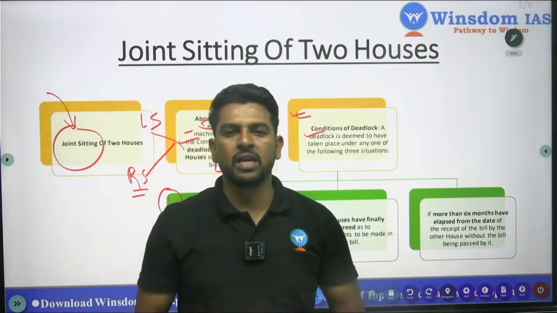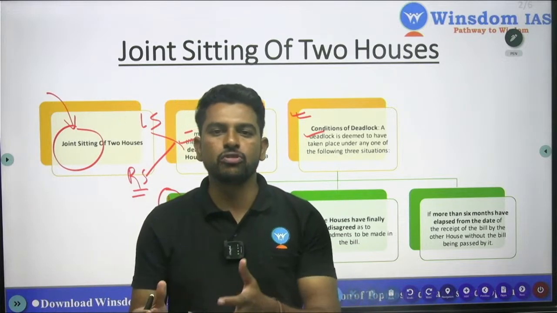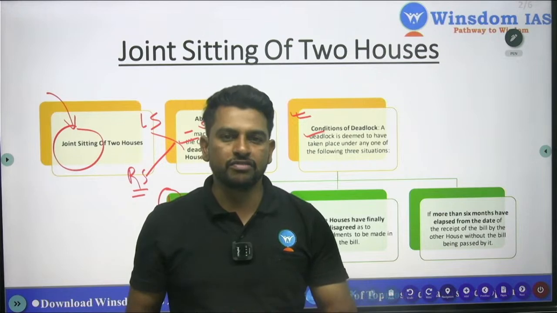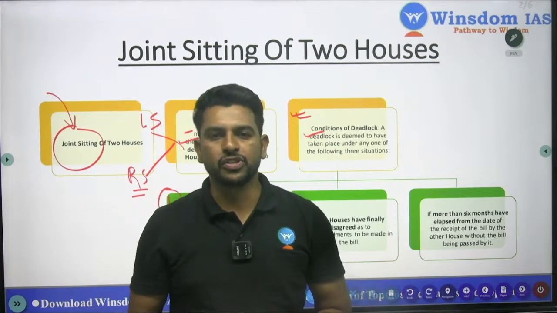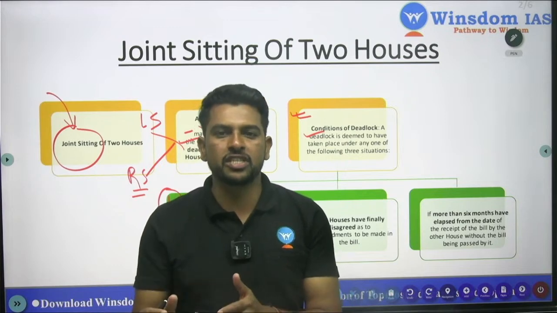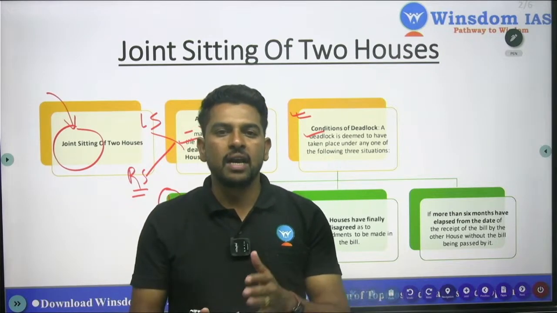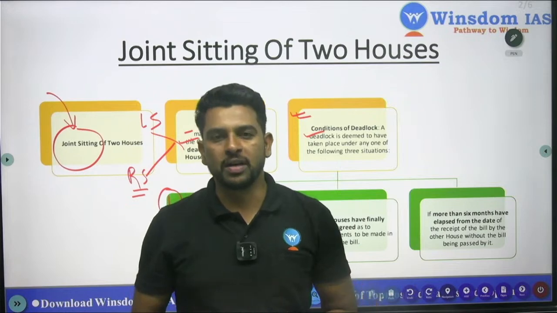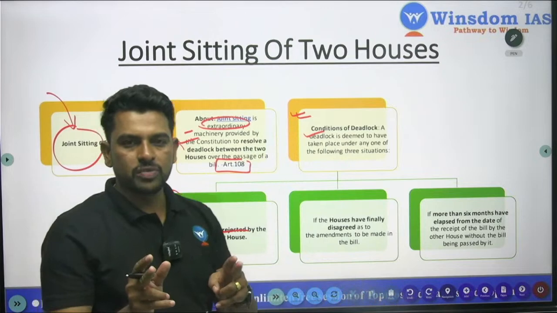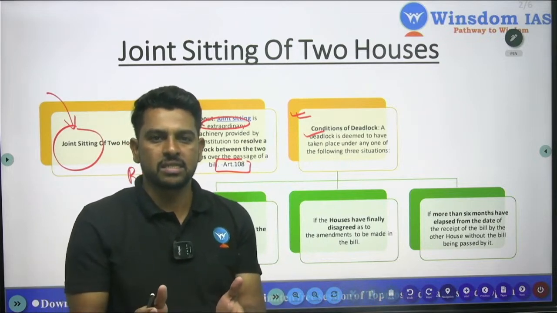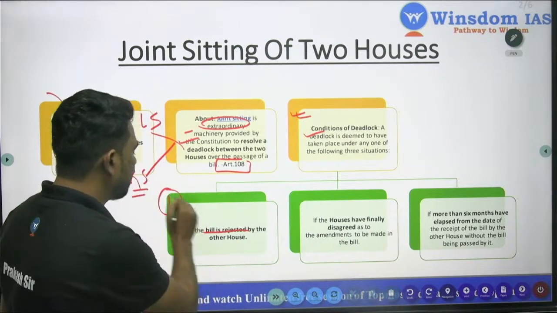For example, if the bill is introduced in the Lok Sabha and the Rajya Sabha rejects the bill, or we can reverse the situation, if the bill is passed by the Rajya Sabha and rejected by the Lok Sabha. This creates a deadlock between the two houses, meaning they are not going to discuss further. So this is the first criterion.